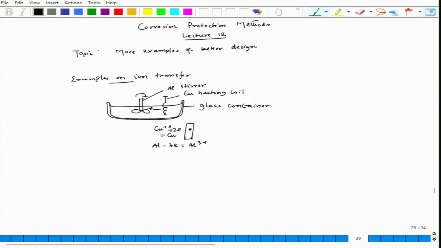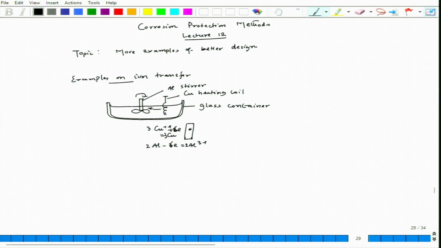Of course, the electron balance will be maintained if we have 2 aluminum ion formation, that means 6 electrons, and there would be 3 copper deposition. So, here also 6 electrons. Then 3 atoms of copper will deposit, and you see that the electron balance is maintained.